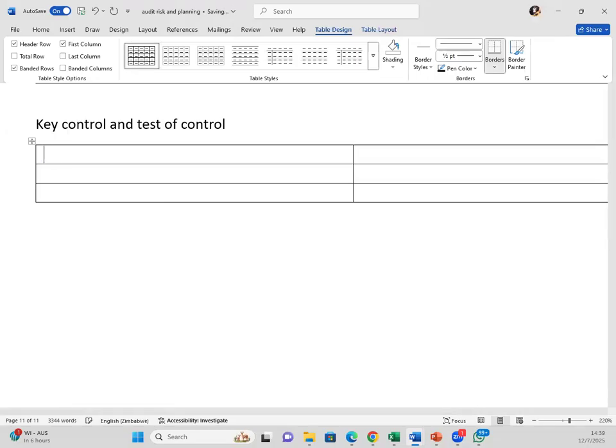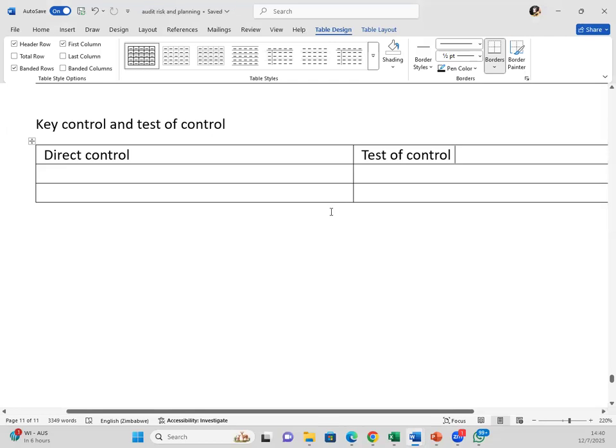The question did not say key control, it said direct control, so it's the same thing. Direct control, then on this side you put the test of control.